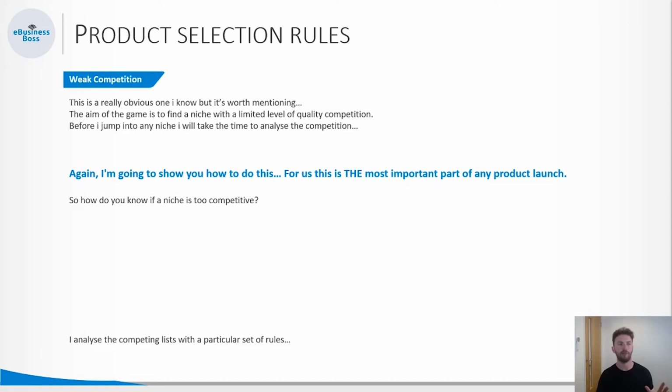So before we jump into any niche, we will take the time to actually analyze the competing products that are out there. So yeah, it's so important because there's so much opportunity on Amazon. You don't need to jump into a niche that is really, really competitive. So don't look at a product and get very emotionally involved in it and decide that you have to sell it. Look at the numbers, look at the stats, and I'm going to show you how you can do that.